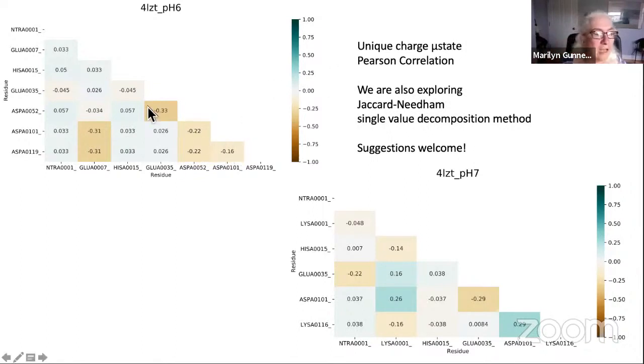We don't see lots of big numbers, but here's ASP52 and GLU35, which for those of us who have done lysozyme in the past, we know is correlated. ASP101 is correlated with GLU7. And this is at pH 6. And then if you do this at pH 7, you begin to see other correlations creep in.